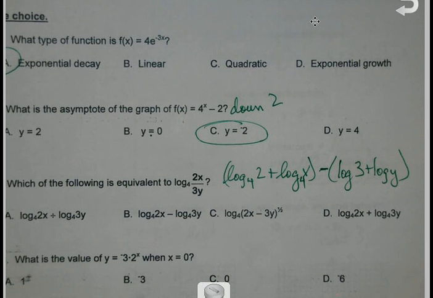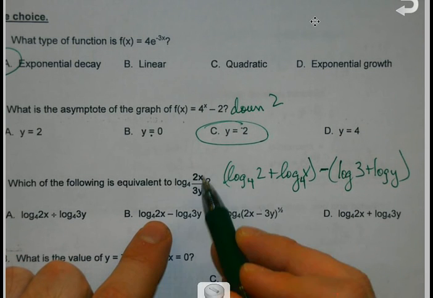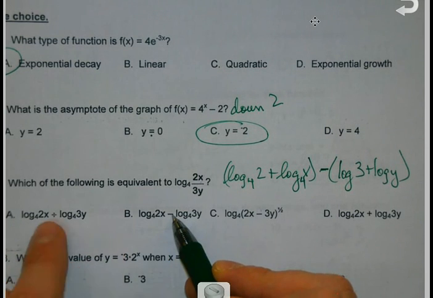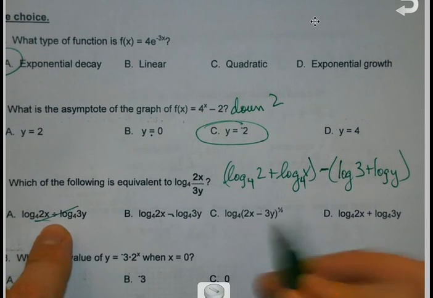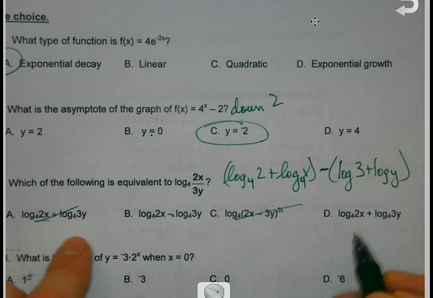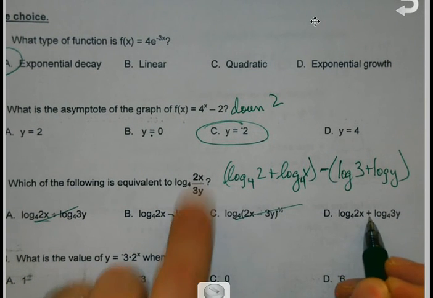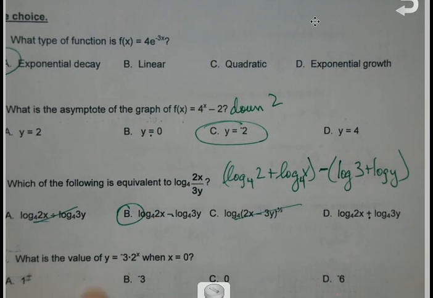Now, you start to look at that and you're like, I don't see that. Well, because these people, I guess, decided they weren't going to expand as much. So you're like, okay, well, the divide becomes minus. It's not divide. That ain't right. 1/2, there's no square roots. And for this to be plus, they'd have to be multiplied together, but it's divide. So it has to be this one. So I kind of pay attention to what's being offered.